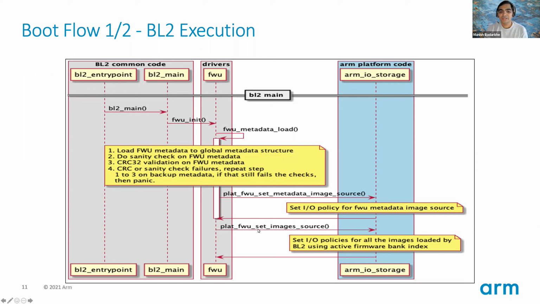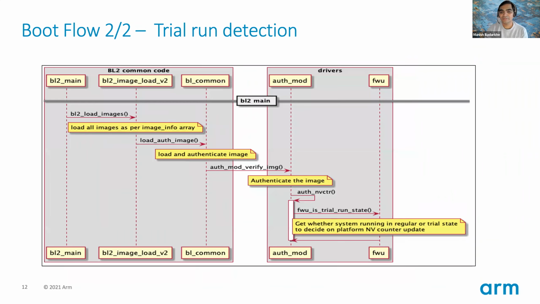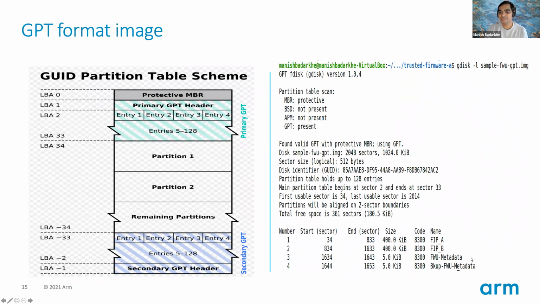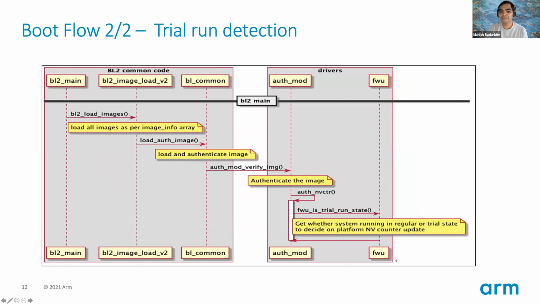The same thing we do for all the FW images source. In the case of the ARM platform, we have only one image source right now, which, as I mentioned, is the FIP. Whether I need to take the first FIP or the second FIP, if we have only two banks, is decided by the active firmware bank index.